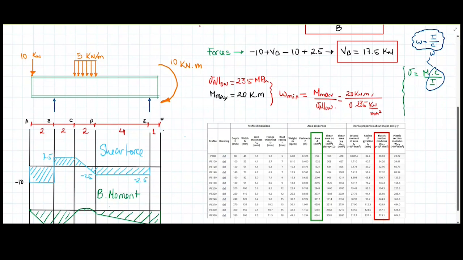Now, I will also do this times 1,000 millimeters are equivalent to 1 meter. Then the minimum allowable section is, for our case, 85.11 millimeters cubed.